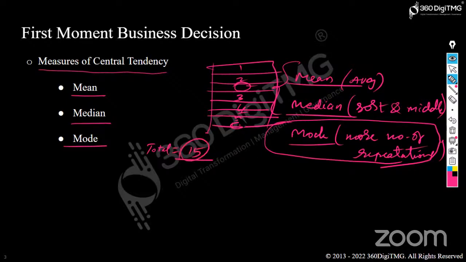So it will be 15. How many numbers are there here? 1, 2, 3, 4, 5, 6, 7. Okay. So when I calculate the average, you will get 2 point something. Let us take 3. So you are getting a value of 3.